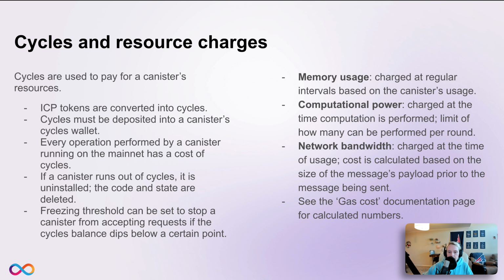Lastly, the cycles for network bandwidth are charged at the time of usage, just like computational power, and the cost is calculated based on the size of the message's payload prior to the message being sent. There are breakdowns of all of these resource charges with some example figures on the gas cost documentation page to give you an idea of how much different simple operations can cost.